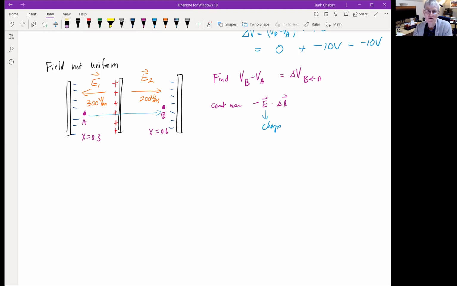So what we need to do is calculate the potential differences we know and add them up.